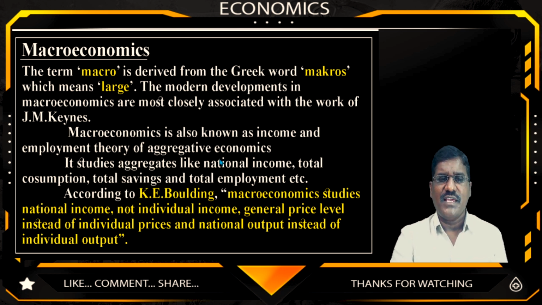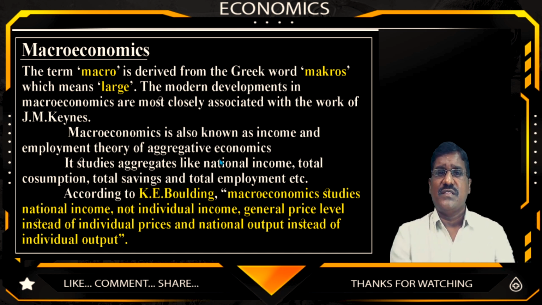It studies aggregates like national income, total consumption, total saving, and total employment, etc. The study of an individual unit is called micro. The study of all individual units together is called macroeconomics.